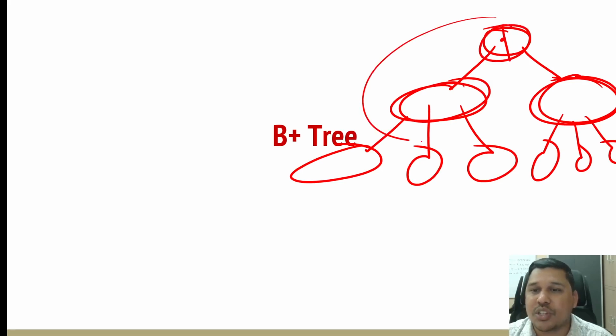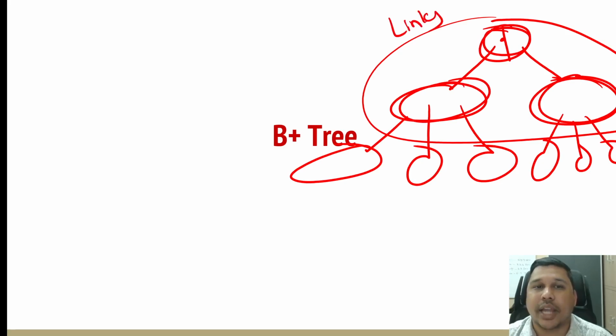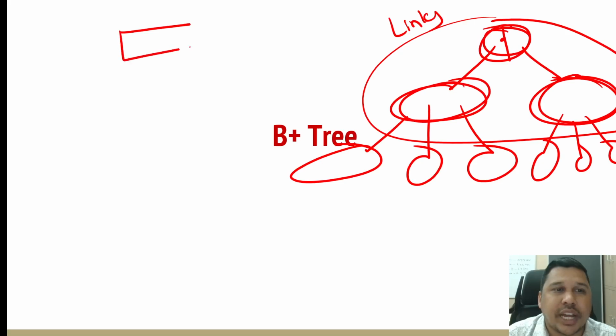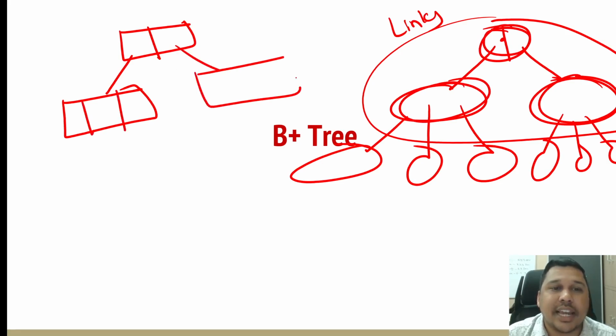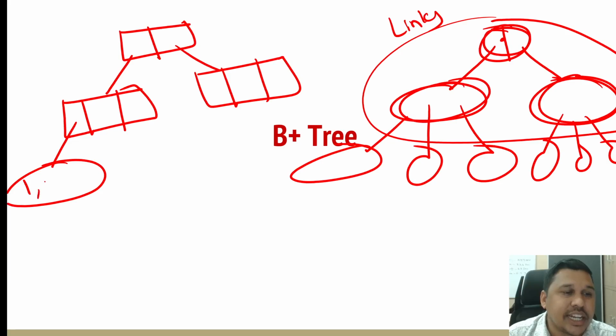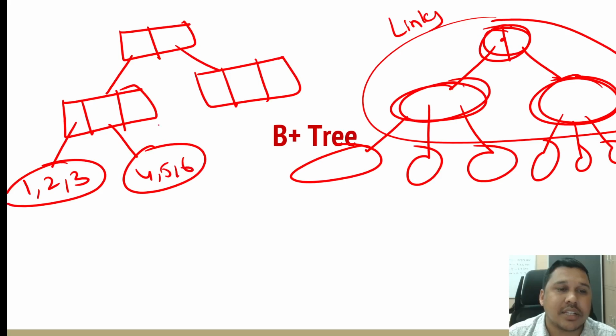These 3 nodes will contain only the links or pointers. If I draw it more specifically, this contains 3 elements, this contains again 3 elements. This will contain the pointer to the node which contains 1, 2, and 3. This will contain a pointer to 4, 5, and 6. This will contain 7, 8, and 9.